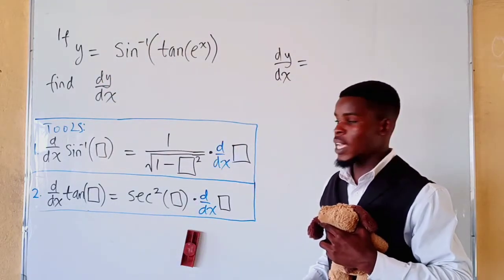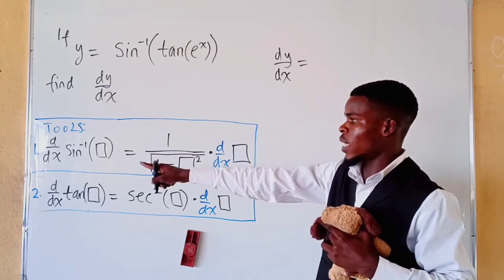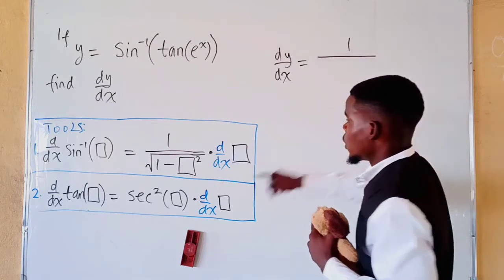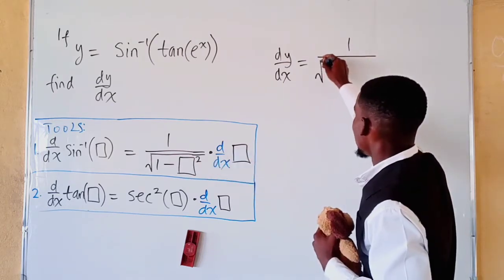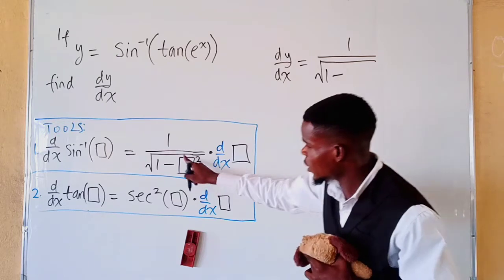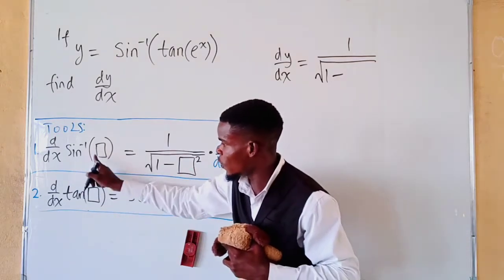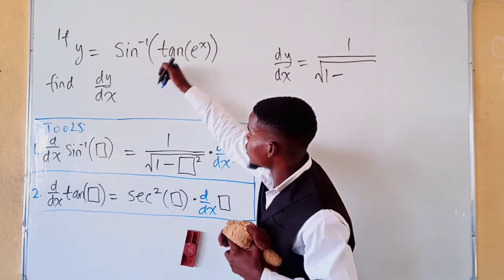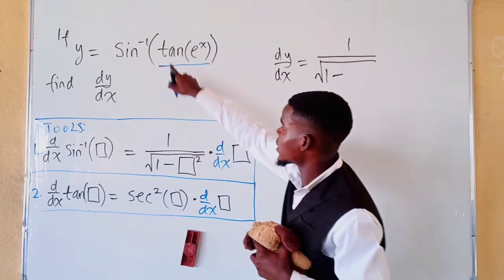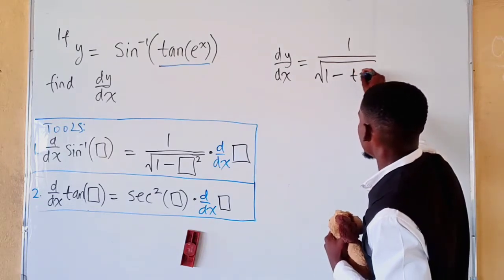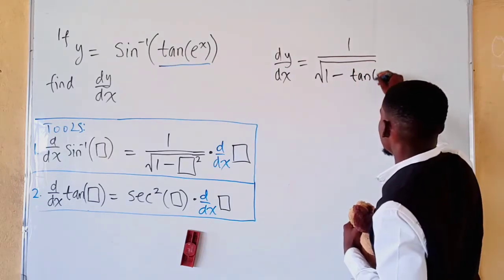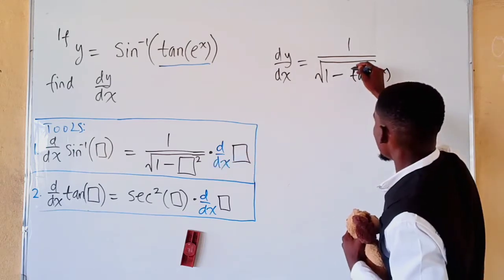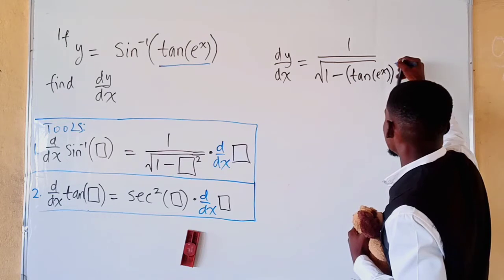The derivative of sine inverse of that something with respect to x is going to be 1 over the square root of 1 minus this box squared. So what is this box in this question? It is tangent of e to power x, and then we square that.